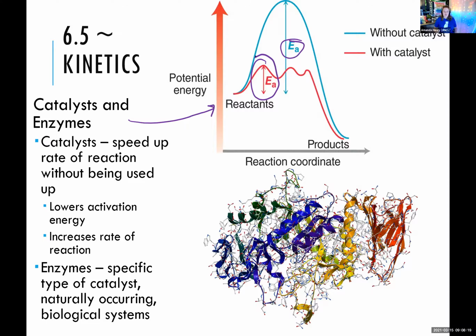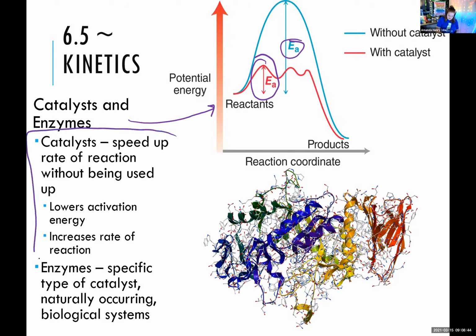One of the differences here, though, is that our reaction went from having one hill to having three little hills. So that's how many steps the reaction takes. We'll look at that in a couple slides, I think. But that's telling us how many steps. So a lot of times a catalyst will introduce extra steps. But because that activation energy is smaller, it's going to be a faster reaction.